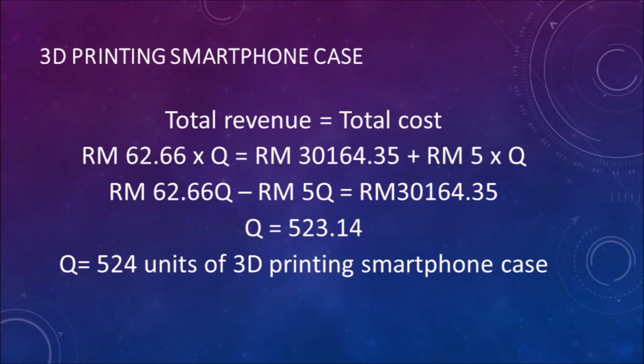So, RM62.66 quantity minus RM5 quantity equals RM30,164.35. So, the quantity is 523.14. So, the break-even point for the 3D printing smartphone case is 524 units.